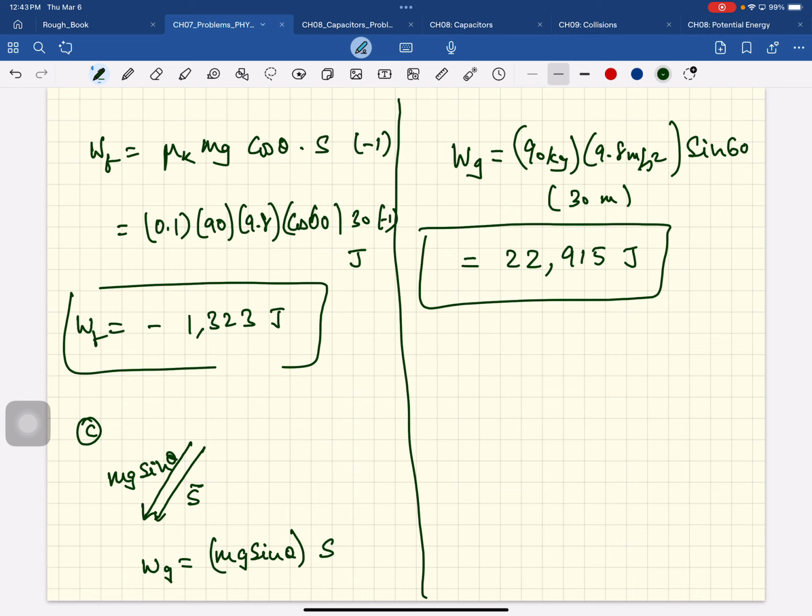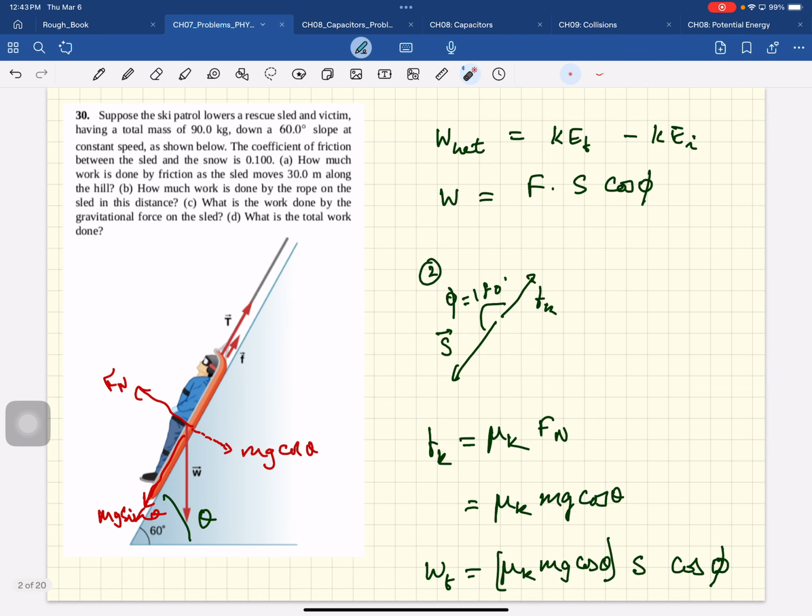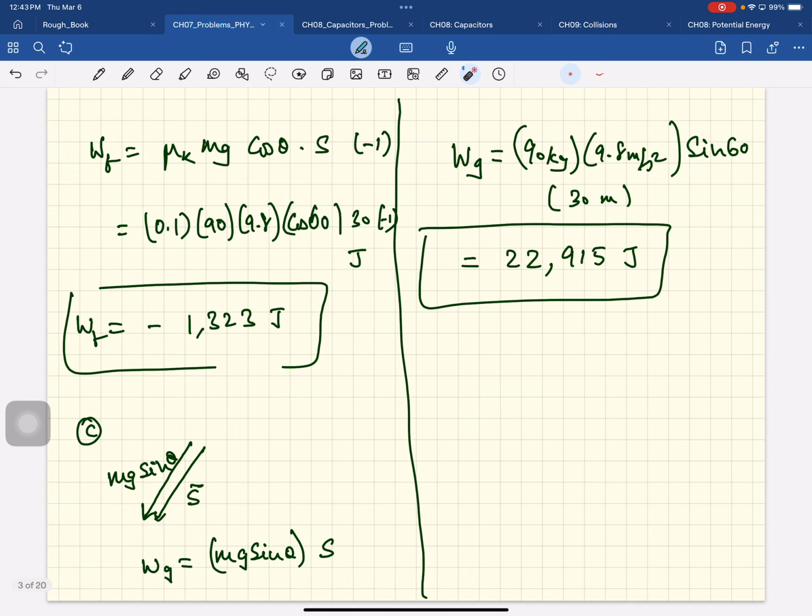All right, now let me show you something else. You could have calculated the work done by gravity by doing this. There's the force of gravity, mg. There's the displacement, and that angle is 90 minus 60. So there's the force of gravity, and there's the displacement, and this is 90 minus theta.